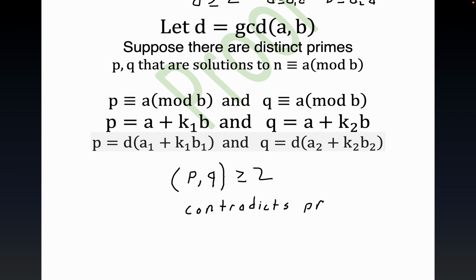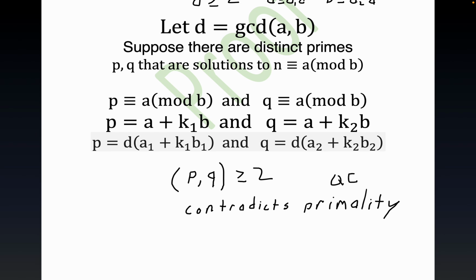And when I say primality, I mean, of course, of P and Q. Primality is, I don't know, just a fancy, pretentious way of saying the noun form of prime, I guess. Okay, so that completes the proof. Let me put QED.